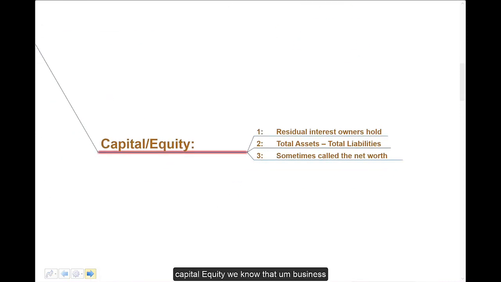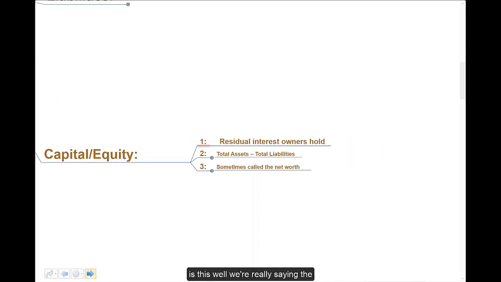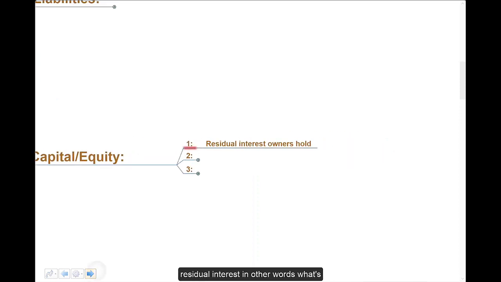In terms of capital and equity, we know that business owners have a side or a slice to the business. Where you have a sole trader or partnerships, it would be termed capital. Where you have limited liability companies, let's say private or listed, it would be termed equity. So what is this? Well, we're really saying the residual interest.